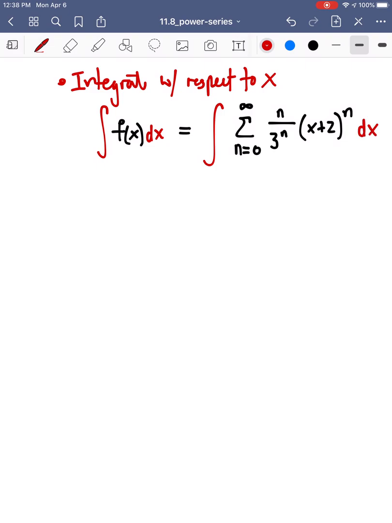So we want to integrate this power series. It's this infinitely long series again. And in a moment we're going to see we're basically going to swap the summation sign and that integral sign. There are some very subtle reasons why we're actually allowed to do this. This has to do with things called uniform continuity, which you will see in real analysis. But for us in Calc B, that is way above our pay grade, so we just get to swap that integration sign and that summation. But know that there's some extra stuff going on behind the scenes.